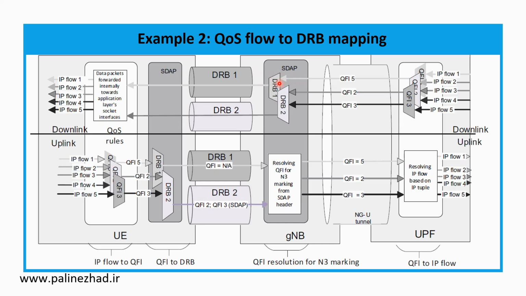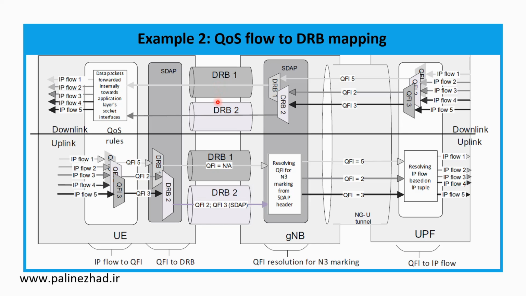And this SDAP layer, as we saw in previous slides, is added on top of the PDCP layer, and this leads to an overhead added to the packets. So we will have overhead on the packets.